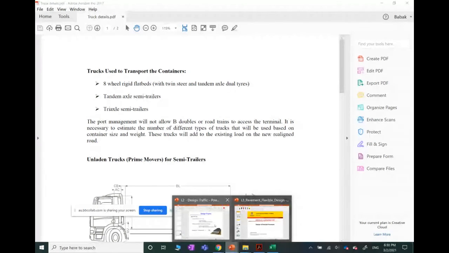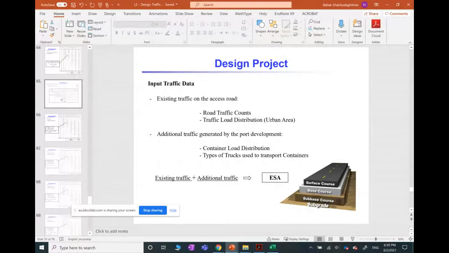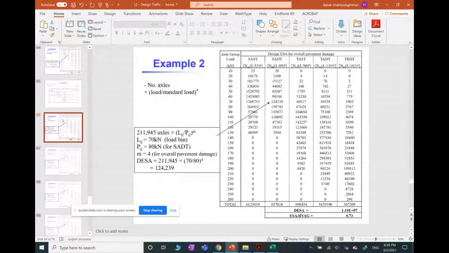Then, after you determine the load for each axle, you can use this empirical equation: load over a standard load to the power 4 for the rutting mode of failure, for permanent deformation of the road. Convert that to equivalent standard axle, right? So the load is used here. That kilogram that you are saying will be used here.